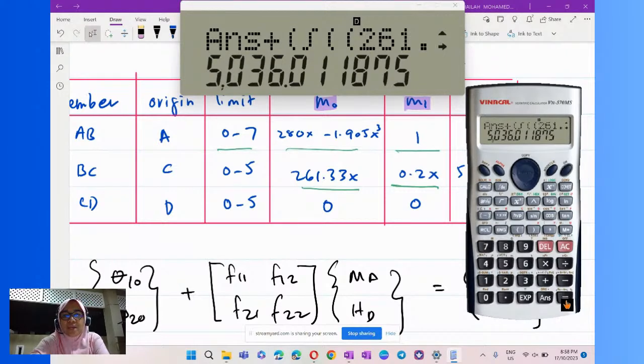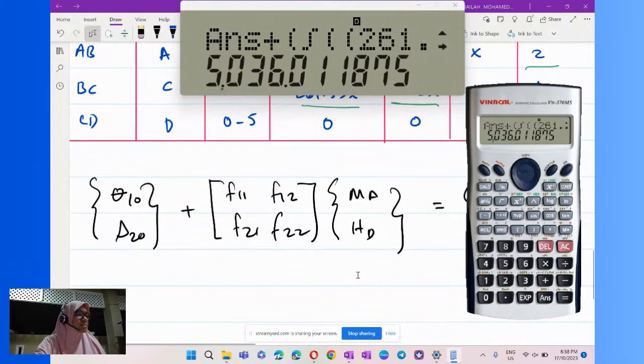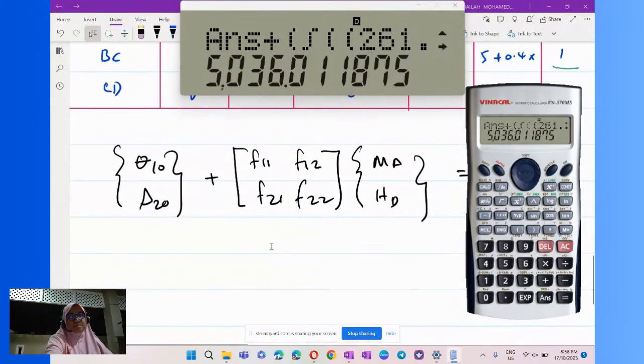So please check, you get the same answer for theta 1 naught. It is 5036.012. Please check the answer.